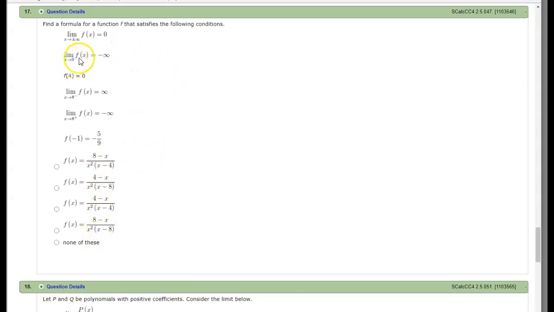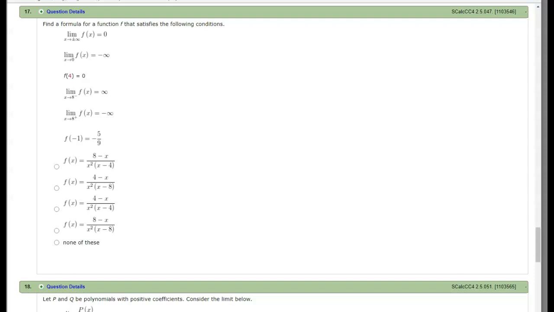At x equals 0, f of x goes off to negative infinity. So that means that at 0 it's undefined. So there has to be an x in the denominator. F of 4 equals 0 says that when I put 4 in, I end up with 0. So if I put 4 here, I end up with infinity. So it can't be 1 with x minus 4 in the denominator.